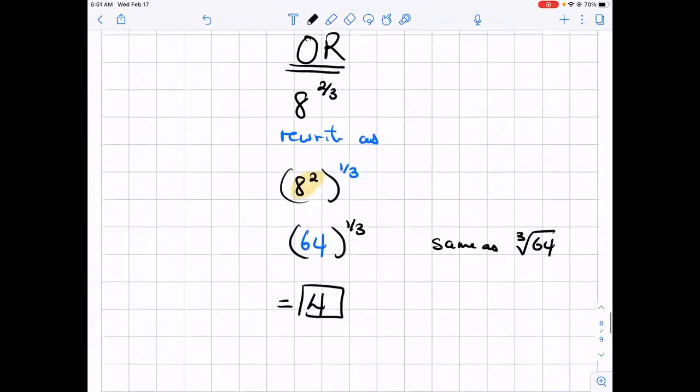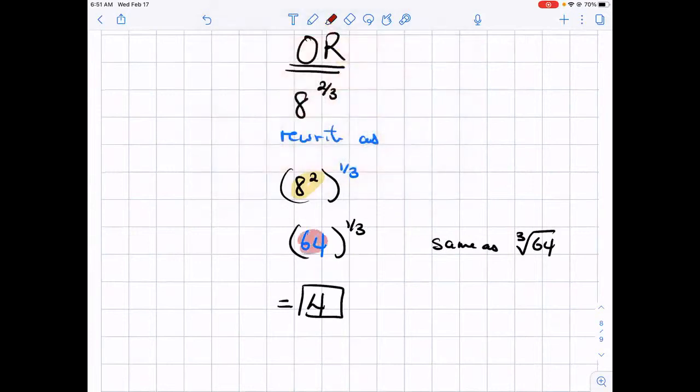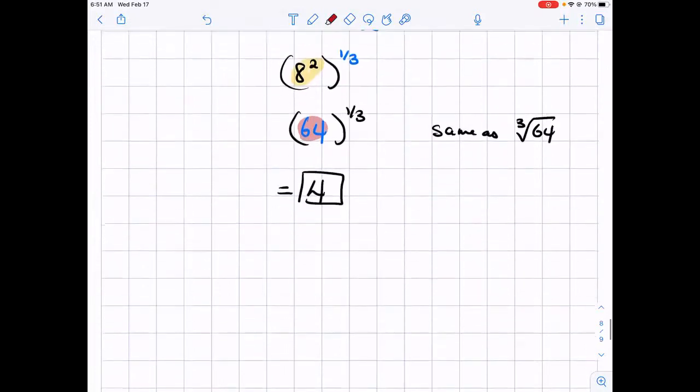The reason I take the root first is because I don't end up with big numbers, or I don't have to take roots of these large numbers. So it's all a matter of choice. What do you want to take the root of? It's totally a matter of choice.